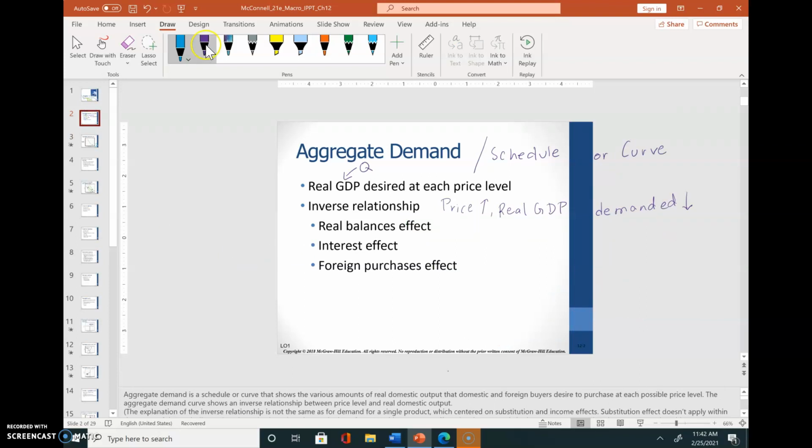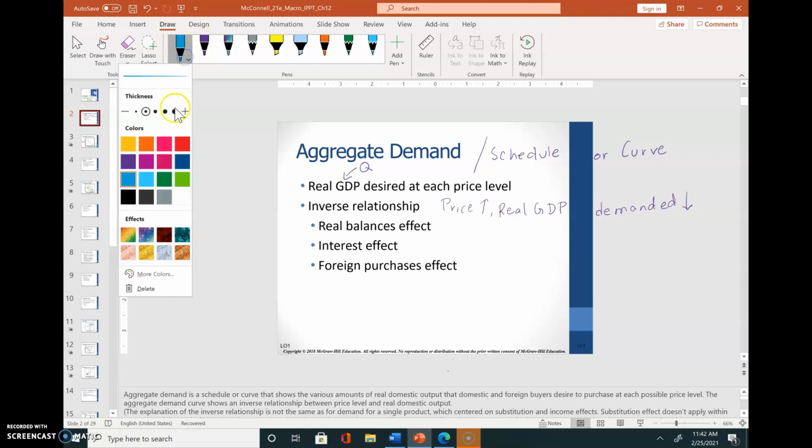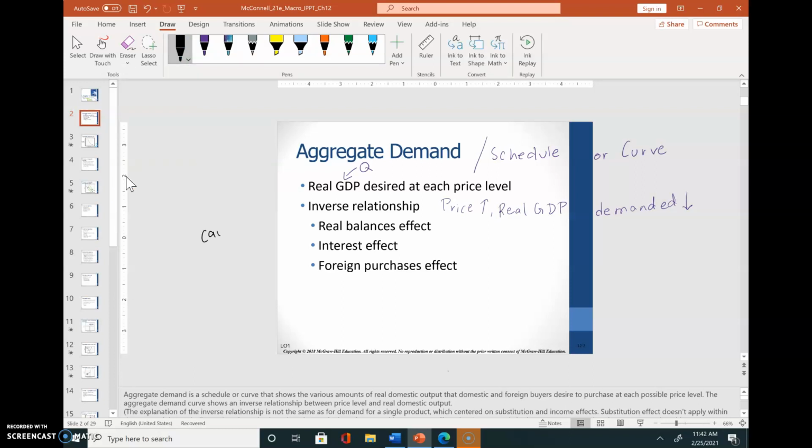So first of all, I want us to look at the real balances effect. So we look at a cause and we look at these three effects. Let the cause be an increase in prices. So price increases. Now you are a consumer here.